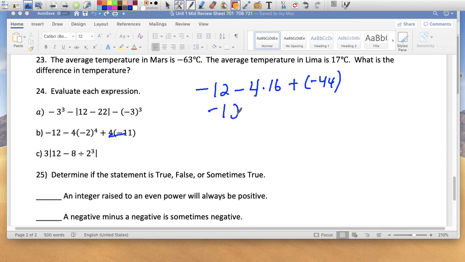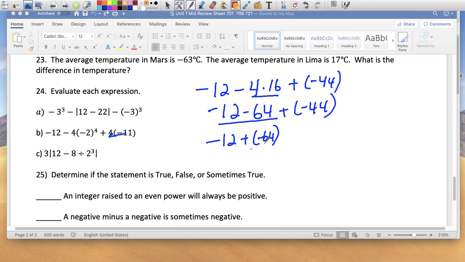So now I get negative 12 minus, let's multiply these two, which is going to give me 64. I don't know, is that right? Yes. Plus negative 44. Let's take care of these two. Negative 12 plus negative 64 is going to give me negative, a negative plus a negative will always be a negative, and that's going to give me 87, 86. And then plus this other negative, which is going to go even further to the left, another negative number, and that's going to be 120.